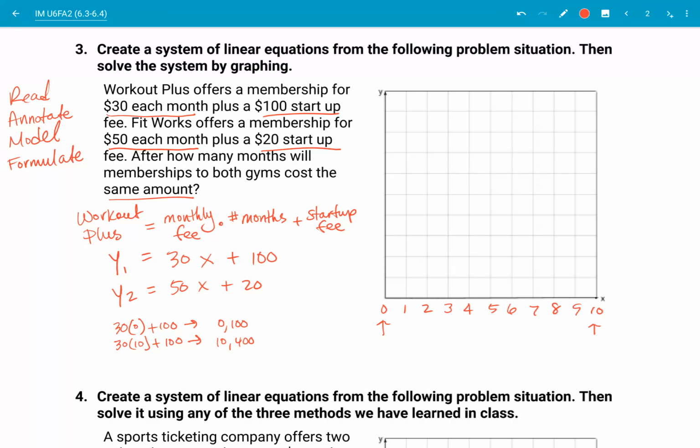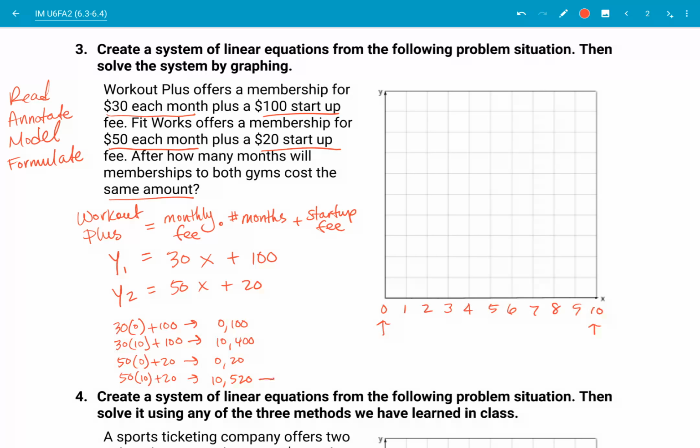Okay. Now I'm going to plug in 0 and 10 to the other equation. If I do 50 times 0 plus 20, I get a point at 0, 20. And if I plug in 50 times 10 plus 20, I get a point at 10, 520.